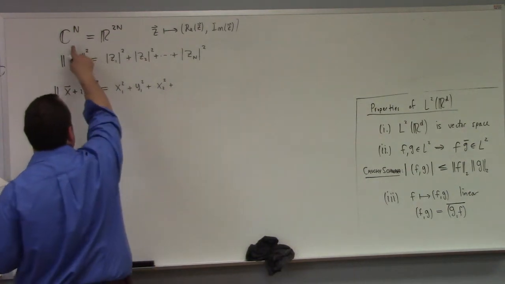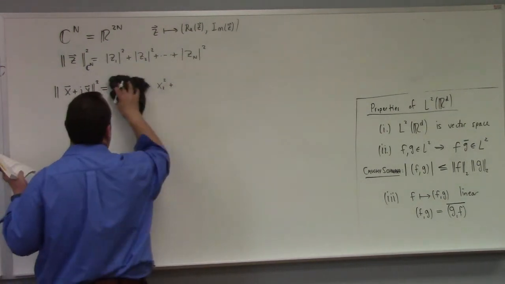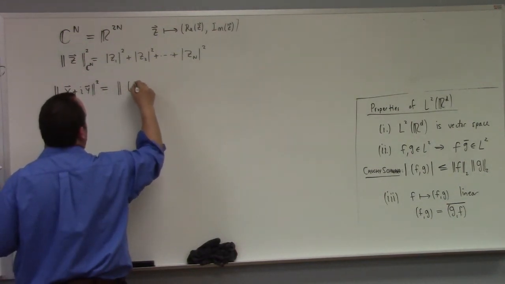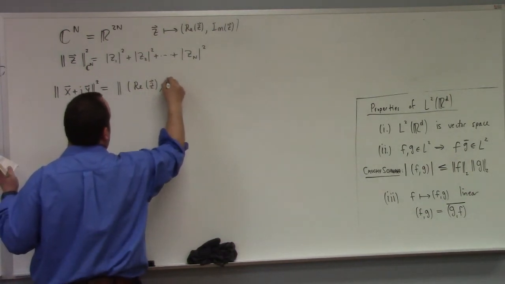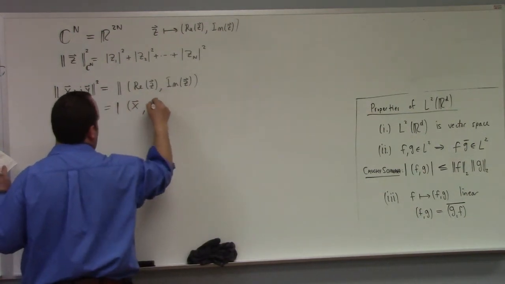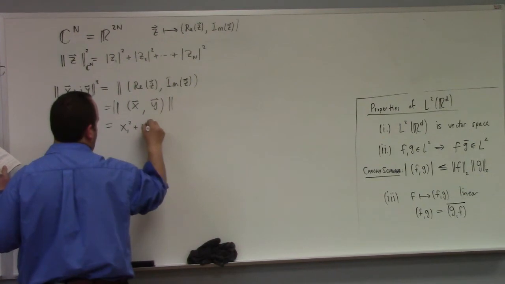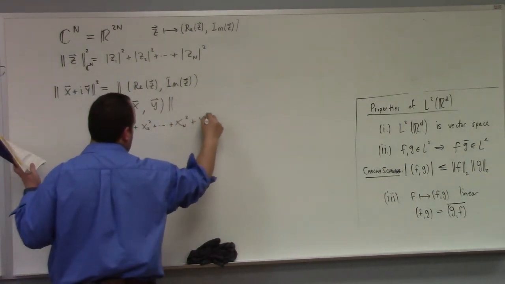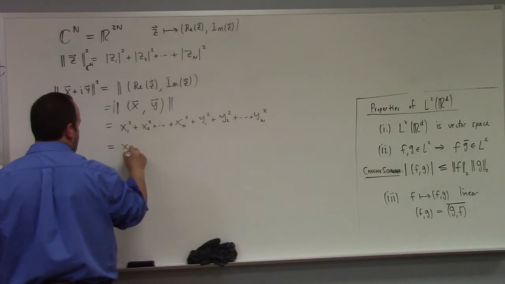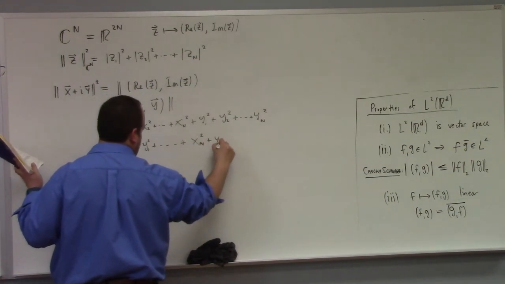If that's the correspondence between Cn and R2n, then if you use the usual Euclidean norm, it's x1 squared plus x2 squared plus up to xn squared plus y1 squared plus y2 squared plus dot dot plus yn squared, which of course you could rearrange to be x1 squared plus y1 squared, up to xn squared plus yn squared.